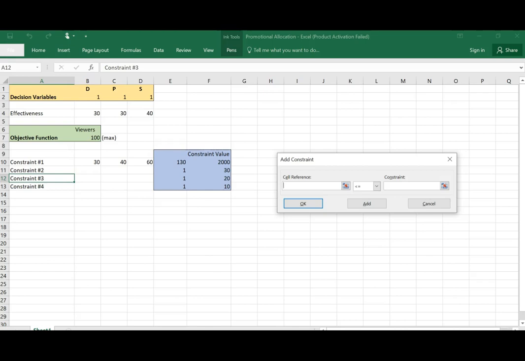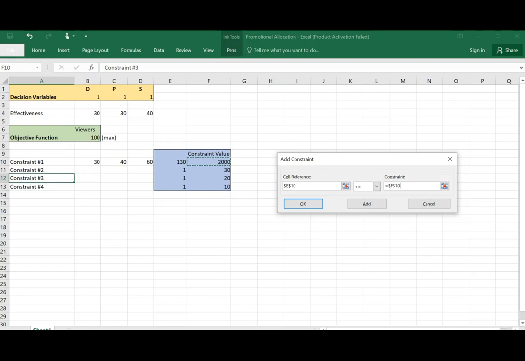I want to put E10 there because remember, E10 was the value that would change when I changed the values of D, P, and S in B2, C2, and D2. And that value has to be less than or equal to, and notice as a quick drop down, I can do a bunch of different things related to it, but it's less than or equal to this constant value that I have, 2000 here.